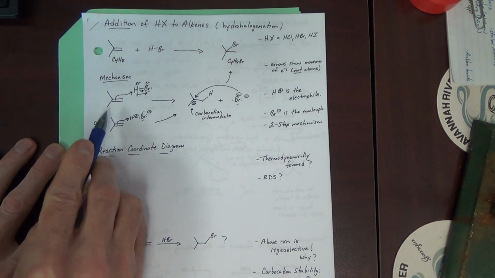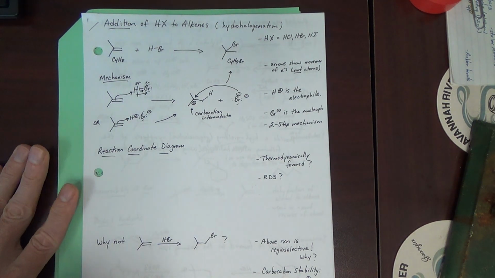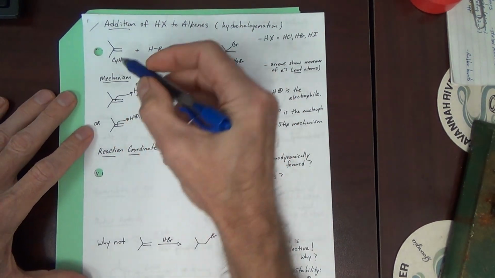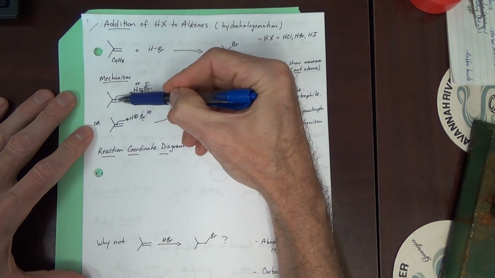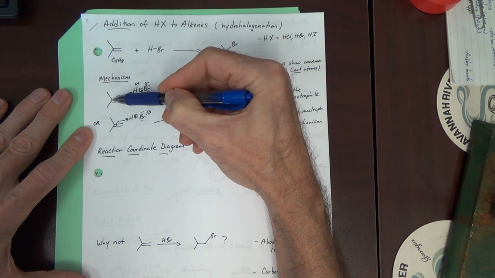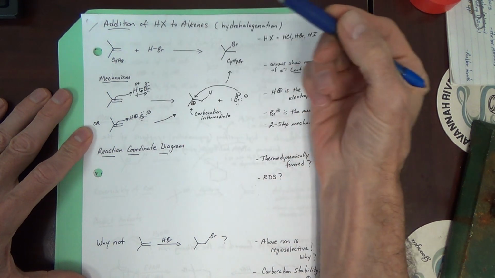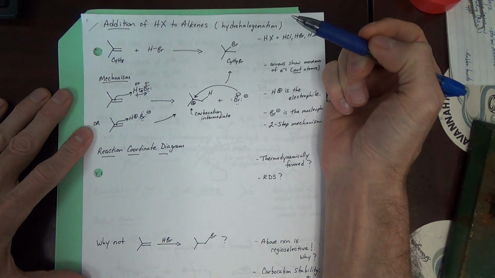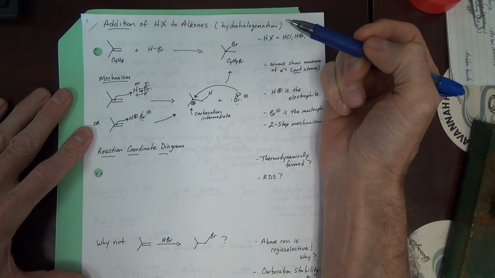Now the alkene has pi electrons, and the pi electrons are not held that tightly between the two nuclei. They're not held as tightly as sigma electrons. The pi electrons almost react as if they're a lone pair.